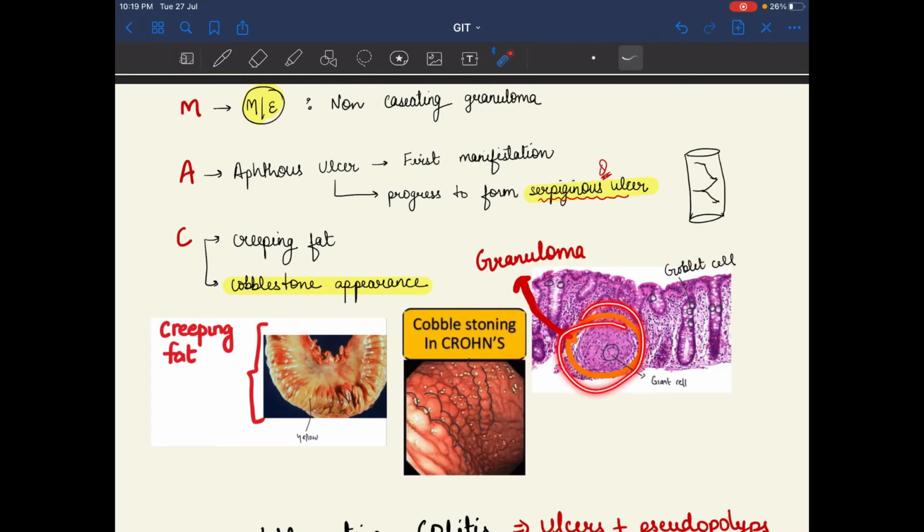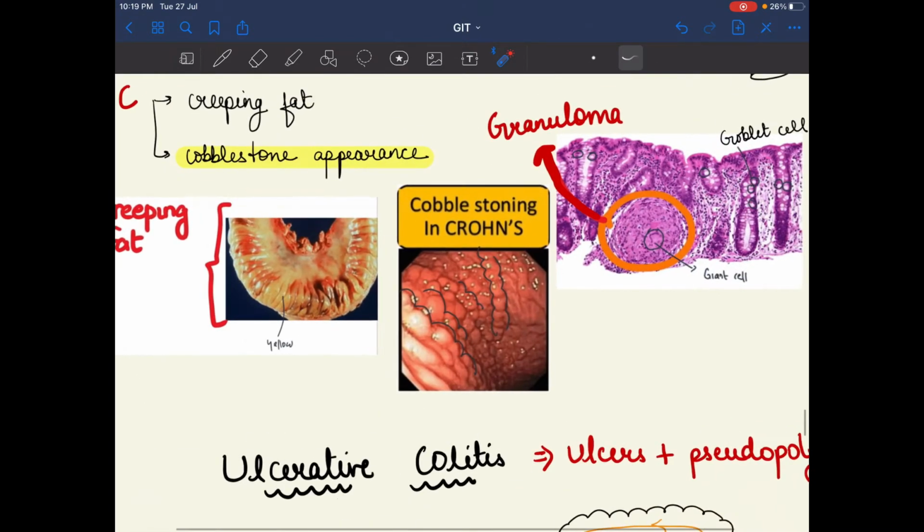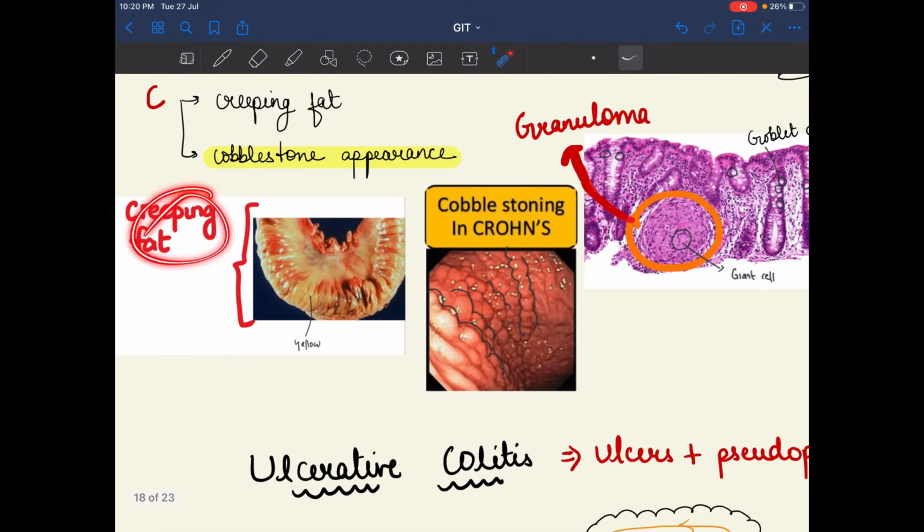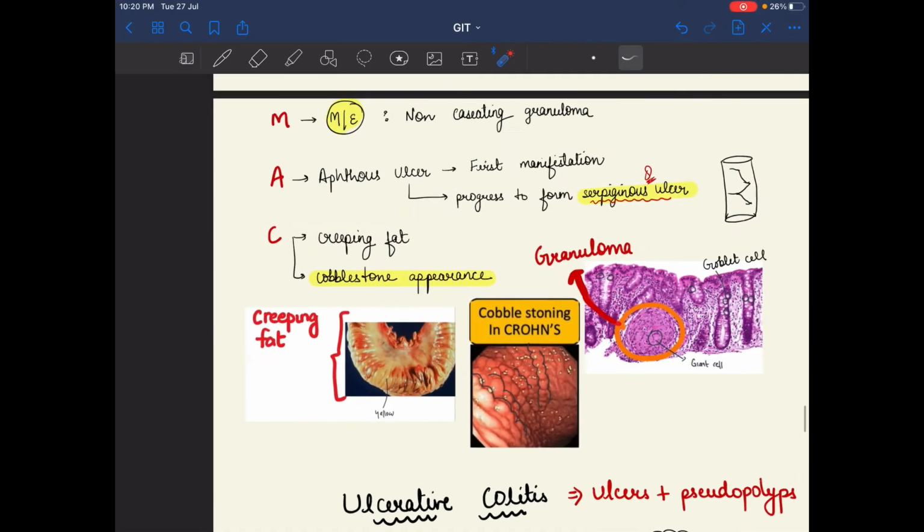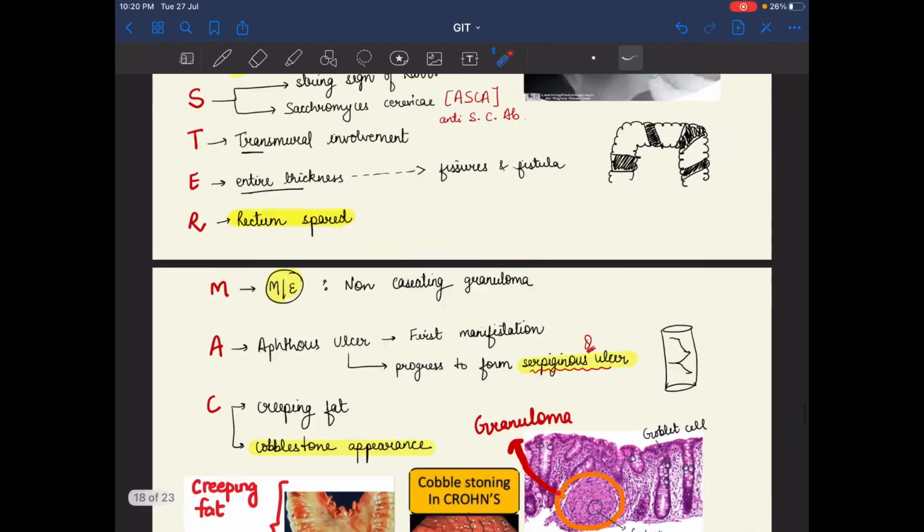That's why non-caseating granuloma is seen. And as we see here, this is the cobblestoning in Crohn's disease. Sister MAC. C is for cobblestone appearance, and creeping fat is seen. As we see, this is yellow creeping fat. So this is about Crohn's disease.